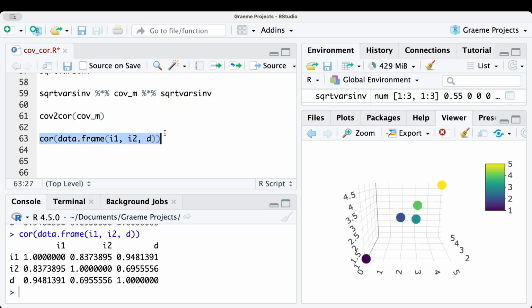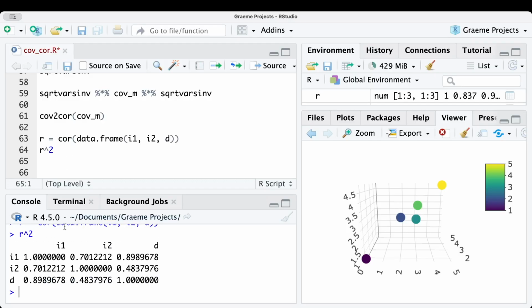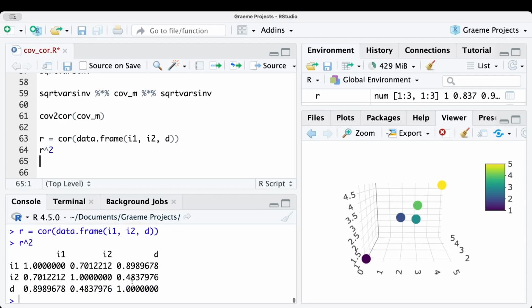This cor gives you the R, for the Pearson product moment correlation, which is commonly abbreviated as R. If we set R equals that, and then do R squared, we get the square of the Pearson product moment correlation, which is commonly reported as a measure of how closely correlated these variables are.